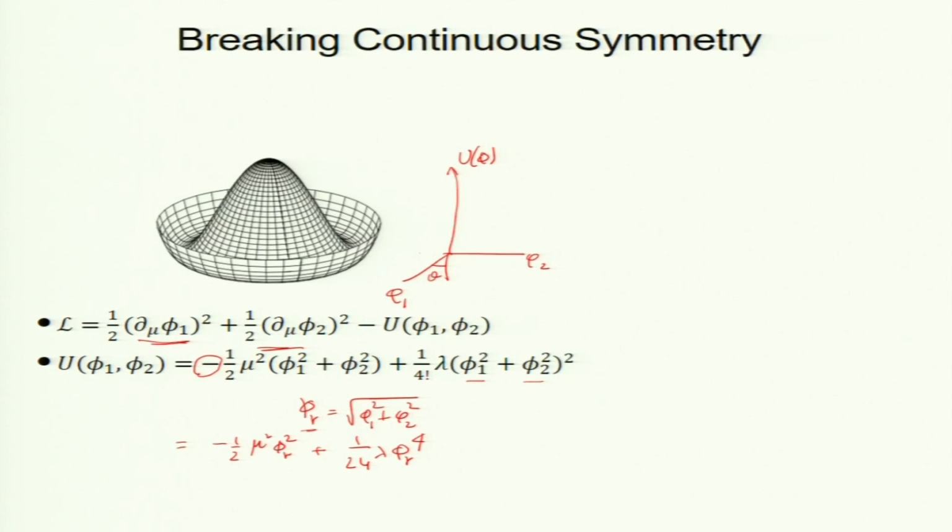Okay. So, the analysis is pretty similar, except now we will get a non-zero value for phi r. And what is the non-zero value for phi r? That means the radius. So, you can see this is a hill.